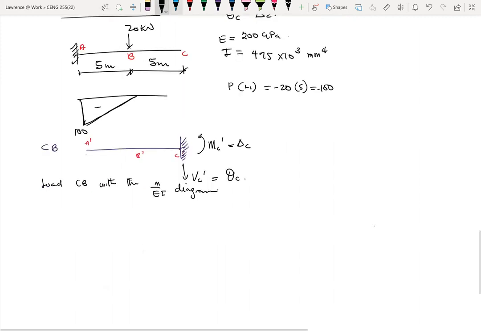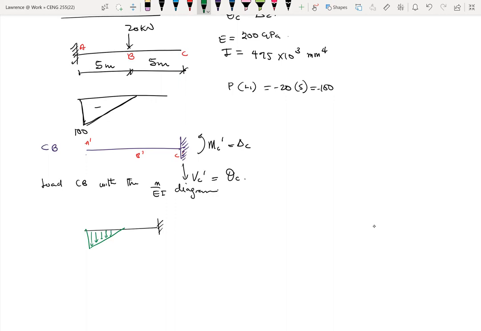Okay. So again, let me just draw my conjugate beam, and I place my load as it is, right here. Now my load is moving away. There is no support at A anymore because now I'm looking at the conjugate beam.